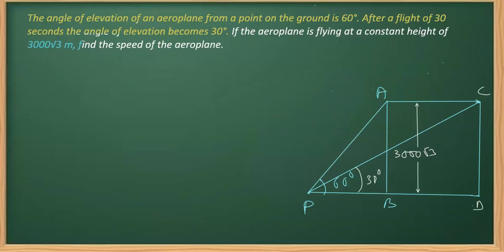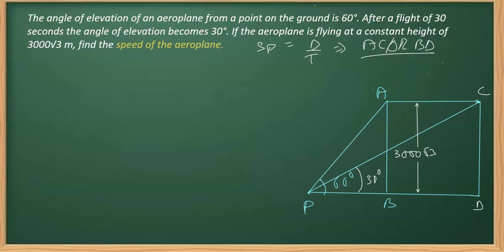So what we have to find out is the speed of the plane. As you can see, we have to find the speed of the plane. So clearly speed is calculated. Speed is equal to distance over time. So distance, as you can see, is AC, or you can take AC or BD, is all same.